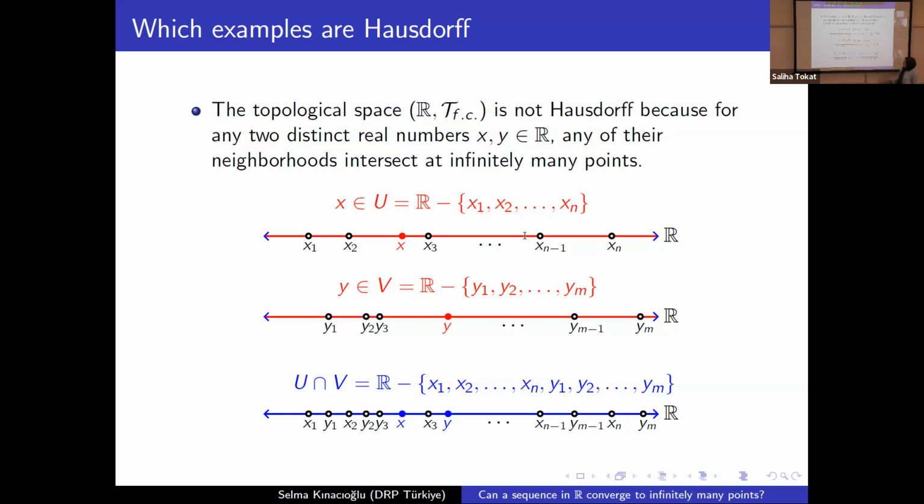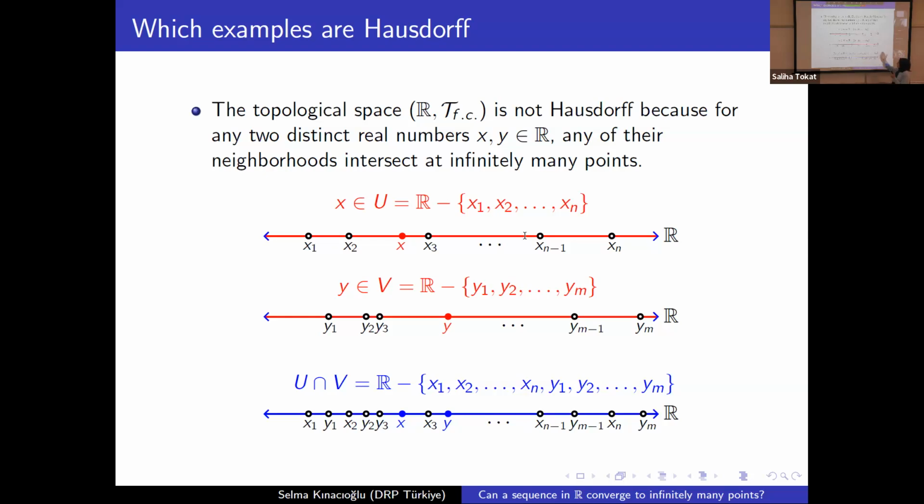By the definition, if I have to define a Hausdorff space here, I have to be able to separate the neighborhoods of these 2 points, like U and V. If U and V are disjoint, then we can define a Hausdorff space here.